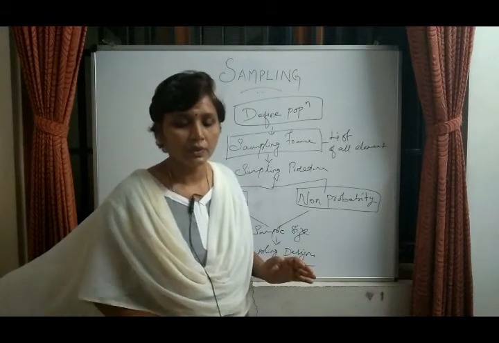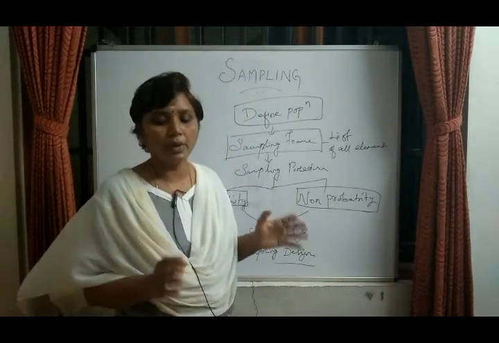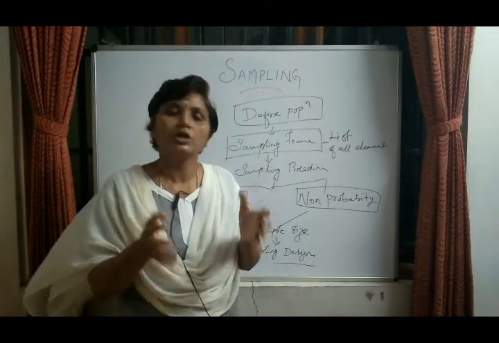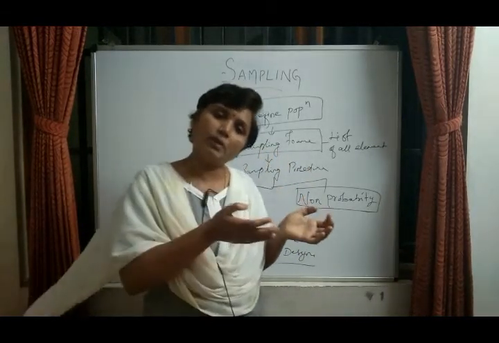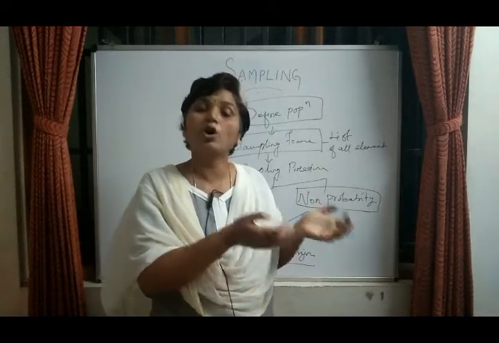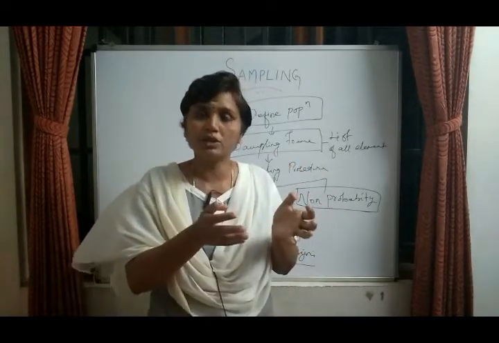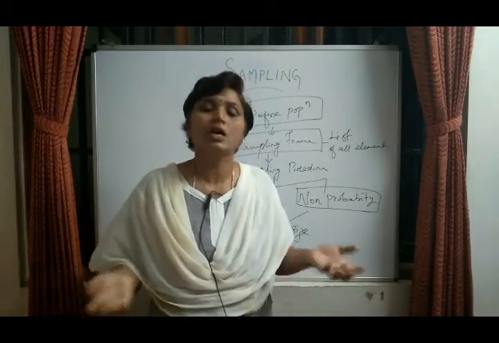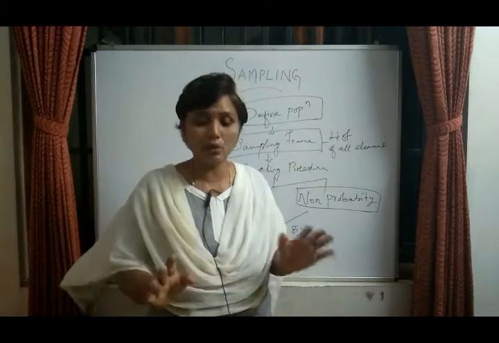And the sampling unit means in which area we are going to do it. For example, there may be a particular geographical area where we do a research study, or a particular tribal community, or hilly areas, or villages, or districts. So that is called the sampling unit.